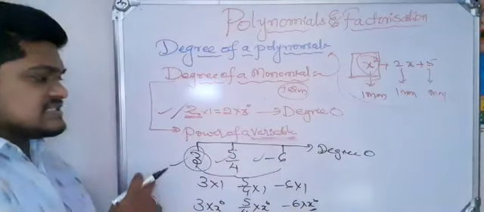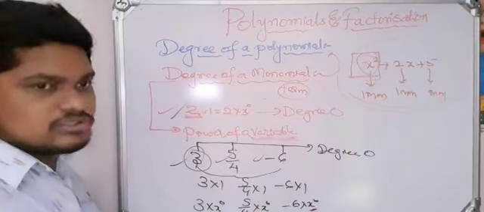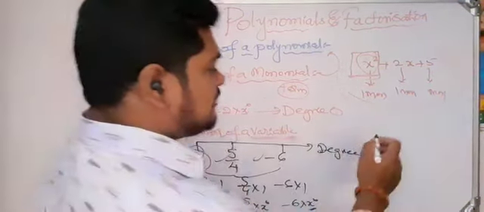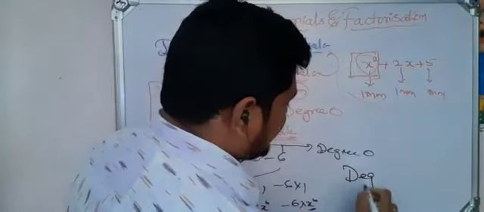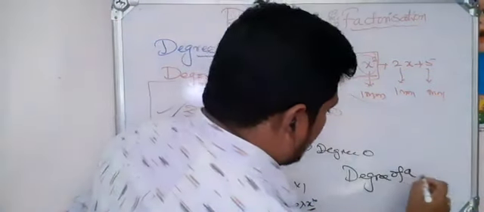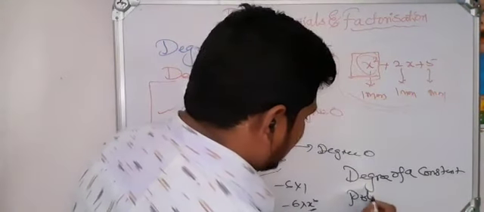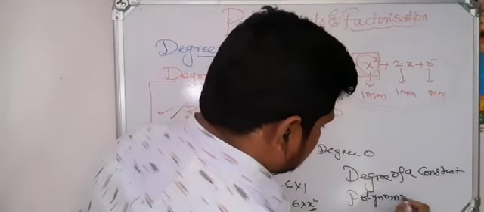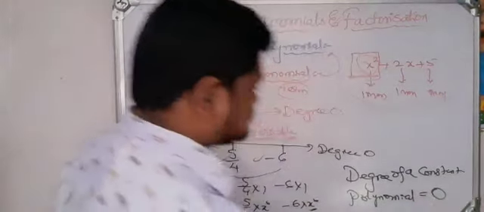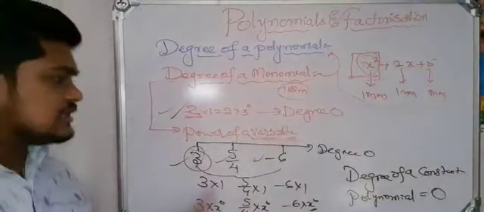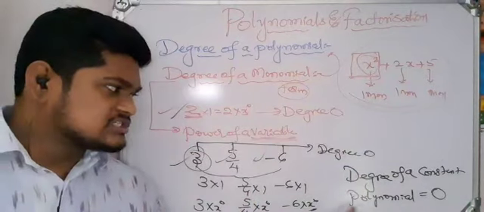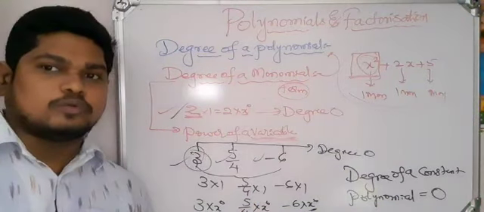Overall, we conclude that the degree of a constant polynomial is equal to 0.